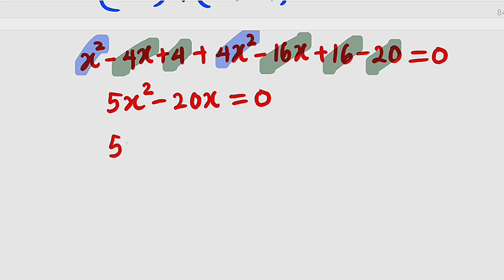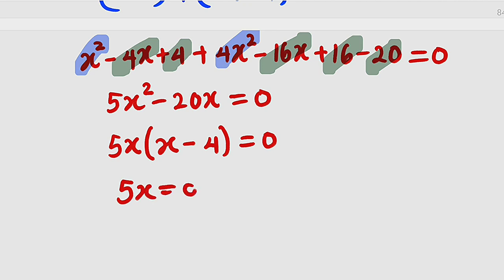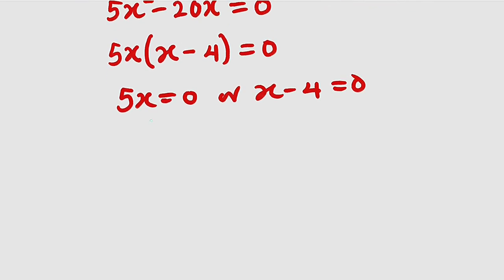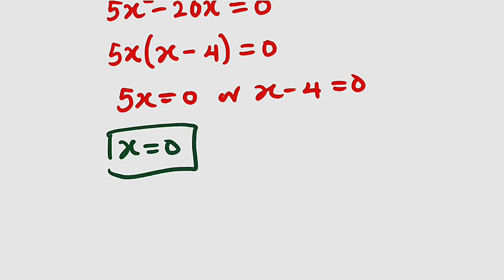So we have 5x, and inside we have x minus 4, and this is equal to 0. So we are going to set either 5x equal to 0 or x minus 4 equal to 0 and solve the two equations separately. If you divide both sides by 5 here, you have x equal to 0. And also, if you take negative 4 to the other side, it becomes positive, so we have x equal to 4.